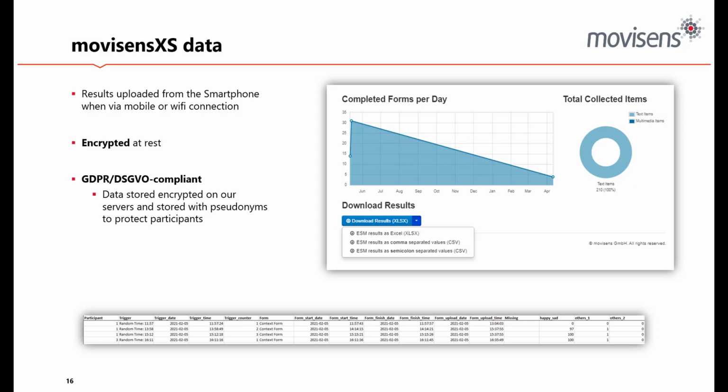It's GDPR (DSGVO) compliant, so the data is stored encrypted on our servers and stored with pseudonyms to protect the participants. It's only decrypted as soon as it enters the secure web console and you're downloading those results.